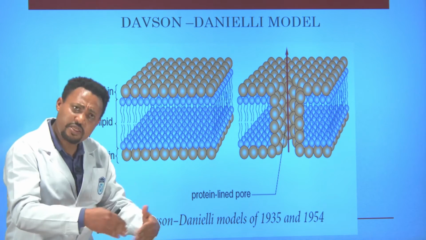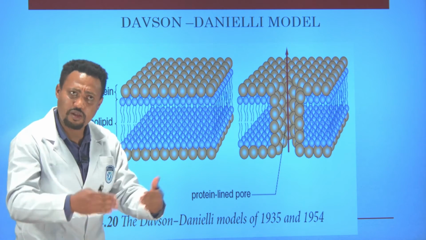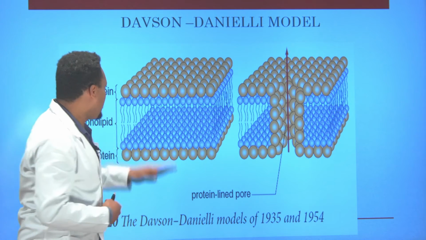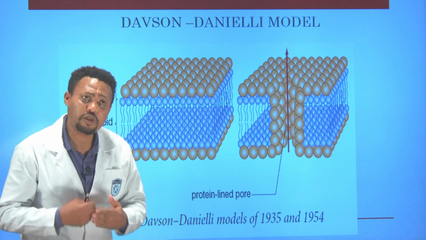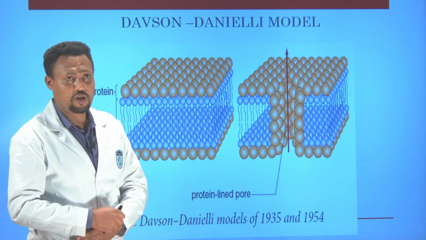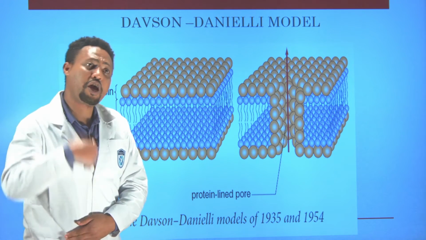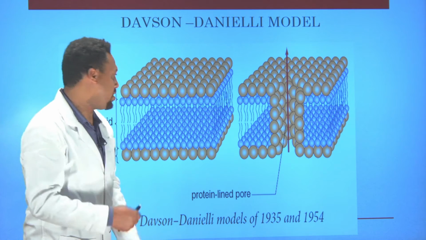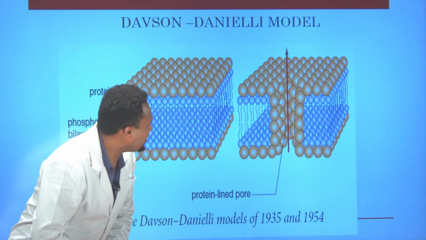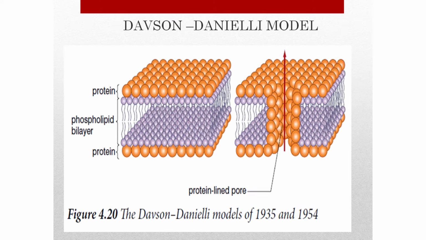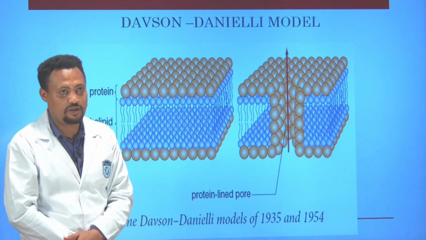But as more and more evidence came in and microscopy developed, these two scientists especially could not explain how molecules move across the membrane. So after 20 years they developed a protein-lined pore that actually helps in the transport of molecules across the membrane, which was not enough to clearly convince the other scientists.